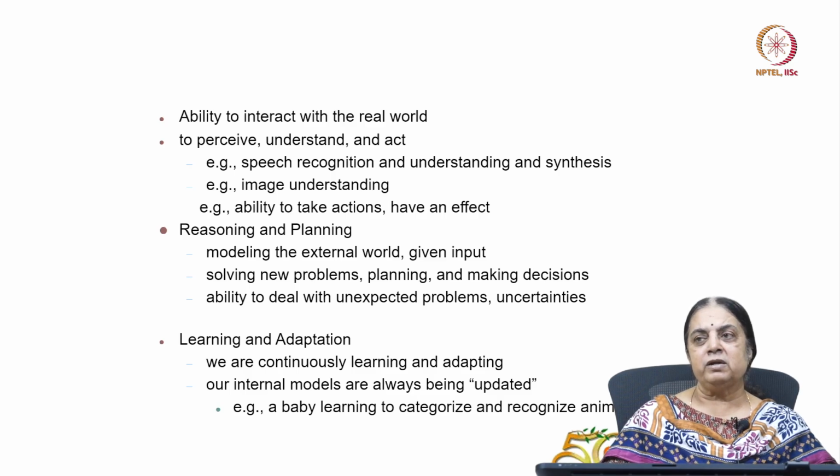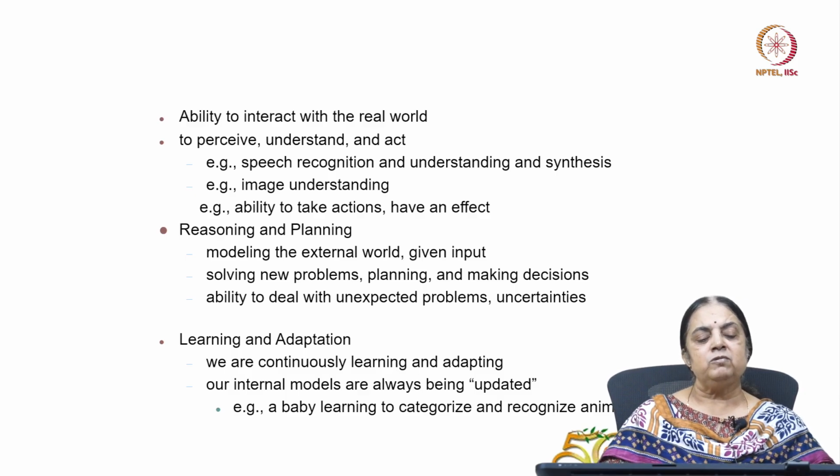How do you do that? Maybe you can have some sensors. If you take human beings, we have sensors like eyes, nose, touch, mouth, all these things. In the case of the computer also, you need to have sensors so that it's able to interact with the real world and find out what is happening in the real world.